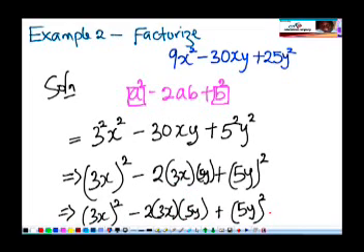Remember it has a negative sign, so you now have the perfect square base, which is (3x minus 5y)². So this is my final answer for what I am supposed to have.